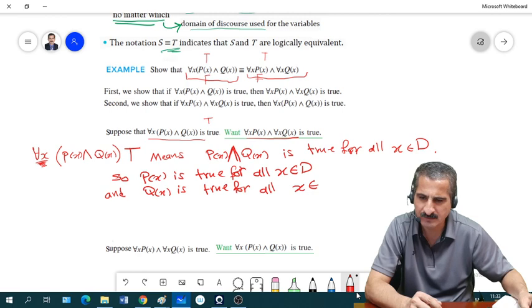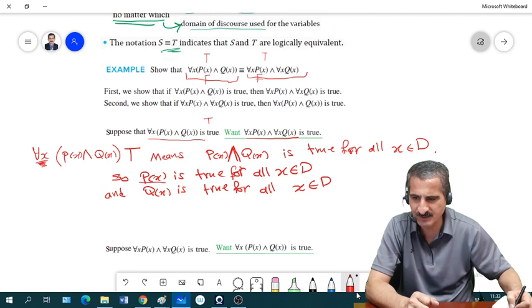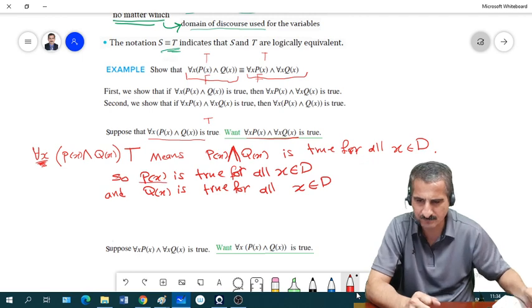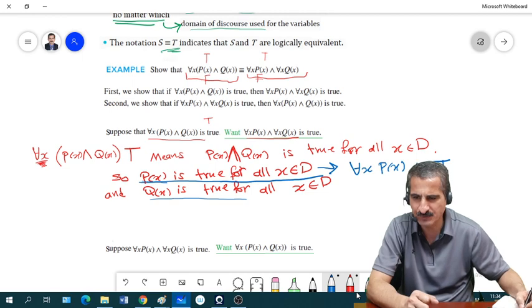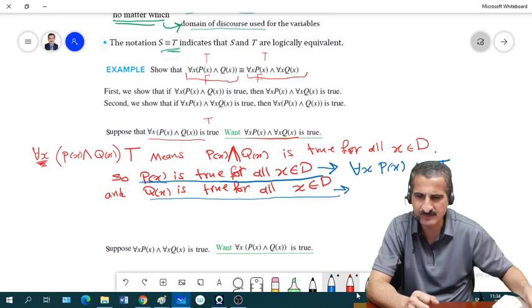But this means this statement here means that for every x, p of x is true. And here q is true for all x. That means for every x, q of x is true also.